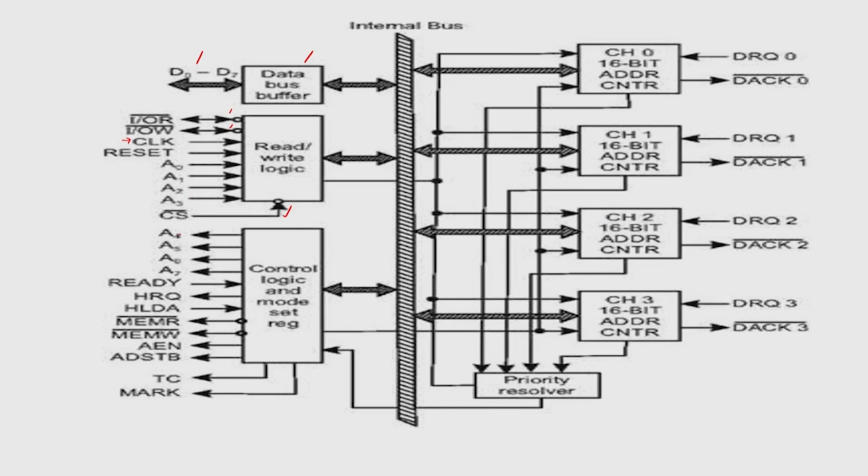Then A4, A5, A6, A7 are used for generating the chip select signal. Then we have the ready signal, which is controlled by the microprocessor. This side, as I have told, will be connected to the microprocessor, and this side will be connected to the peripheral such as a hard disk.